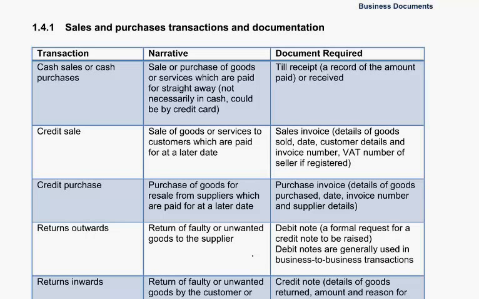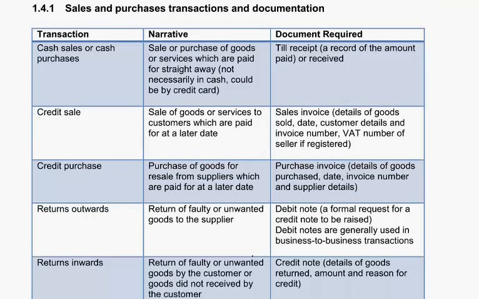All right, some different types of transactions that you're going to need to know about and what sort of documents are required. So this table here produces a good list that you should be able to use and learn. So we've got cash sales or cash purchases, credit sales, credit purchases, returns of goods for some reason, things are faulty or unwanted, and the types of notes that you're going to need now.